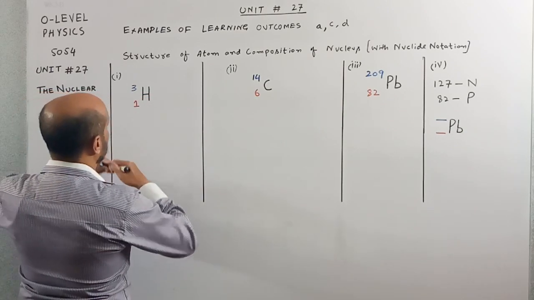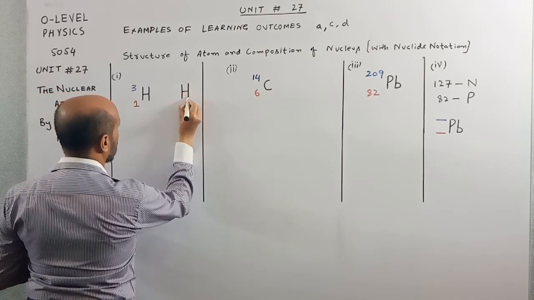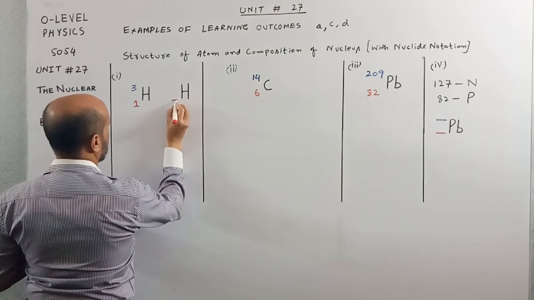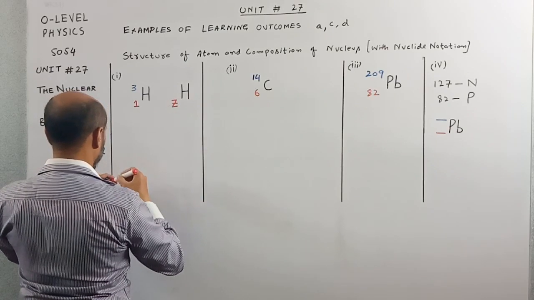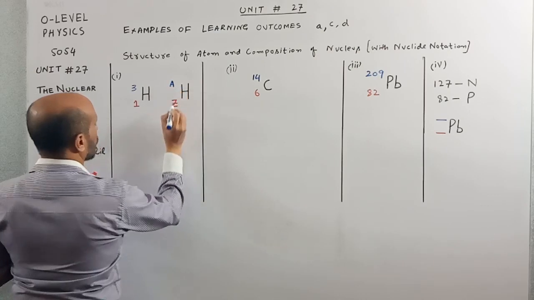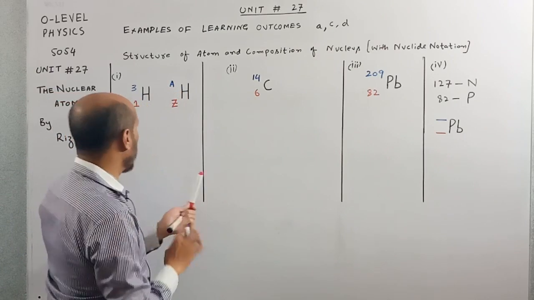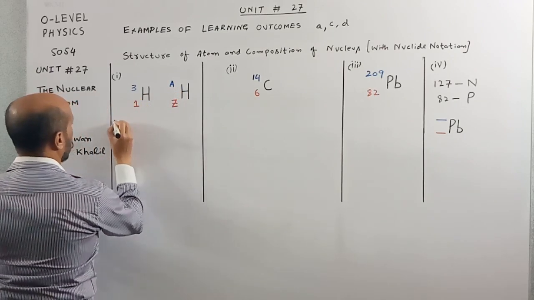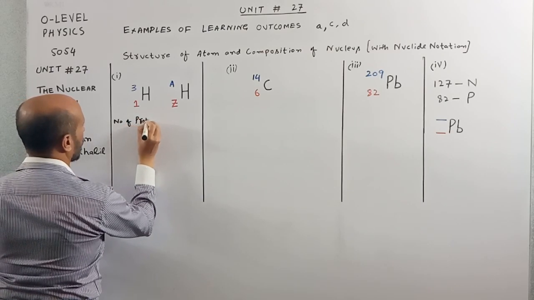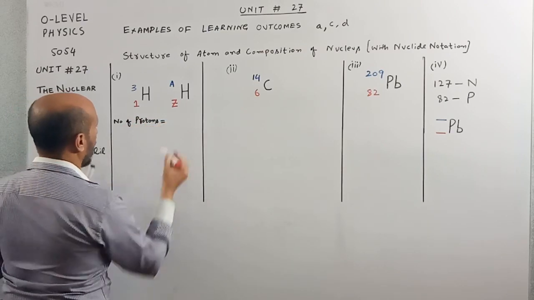If we write the equation like that, this was Z, this was A. So Z represents the number of protons. So we will write here number of protons is equal to 1.